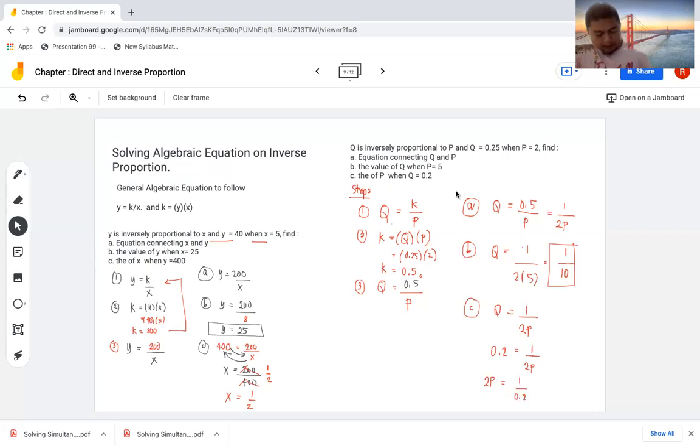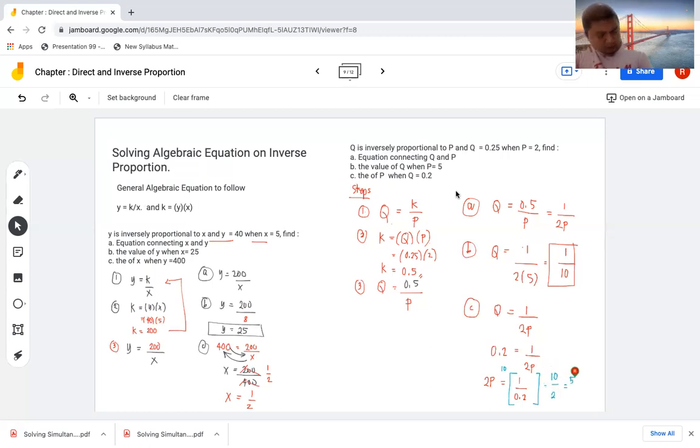Okay. And then for you to get this one, all you need to do is to simplify this first. We can say that this is going to be multiplied by 10. So this is going to give you 10 over 2, which is equivalent to 5.